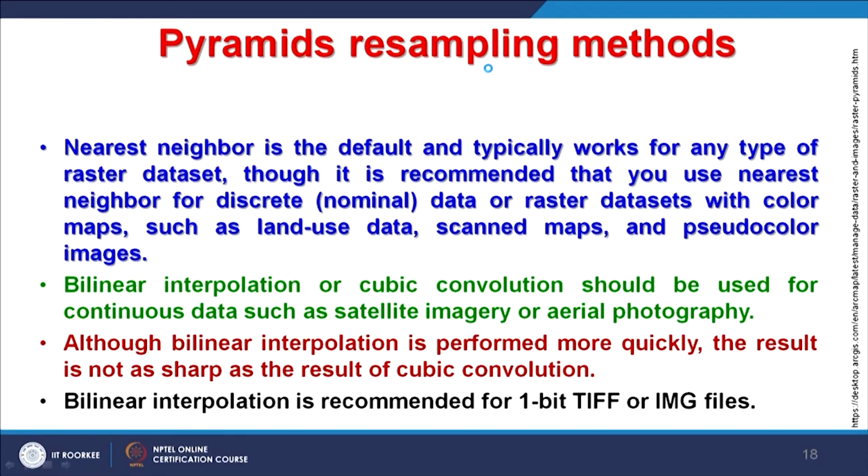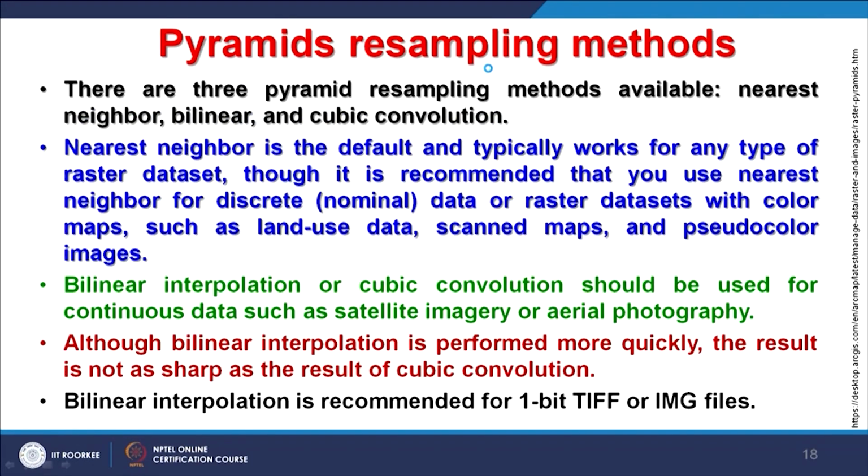But display is faster. Now pyramids, basically you can say, are a resampling method, and there are 3 ways it can be resampled, which we will also discuss when we discuss the georeferencing part in GIS in this course. The simpler one is the nearest neighbor, then bilinear and cubic convolution.